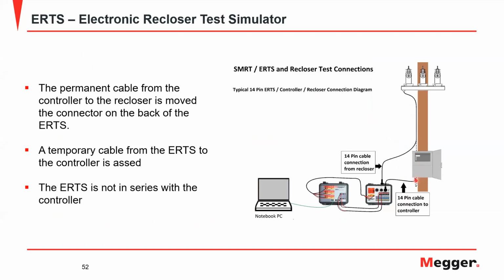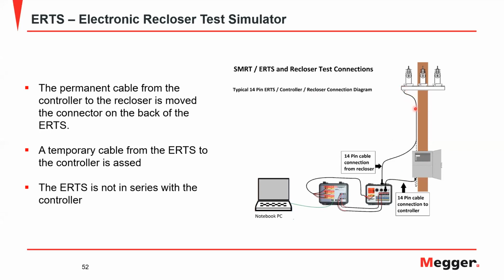You take it loose from the controller and you plug it onto the back side of the instrument, and then you take a shorter temporary cable and connect it from the top of the instrument to the controller. So this connection device is now in series with the controller to the recloser.